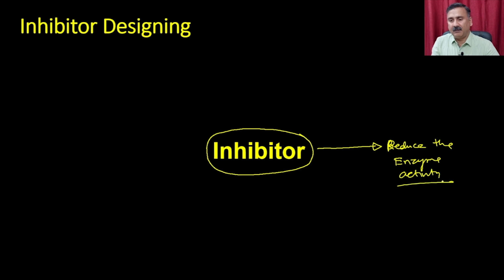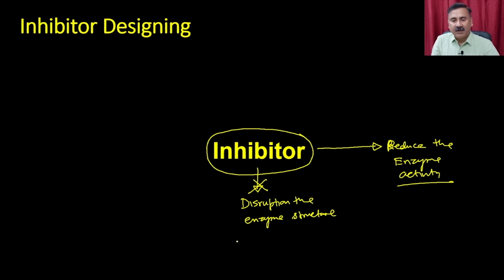Now, that reduction in the enzyme activity should not be because the inhibitor is disrupting the enzyme structure. So this is undesirable. You cannot have an inhibitor which disrupts the enzyme structure.